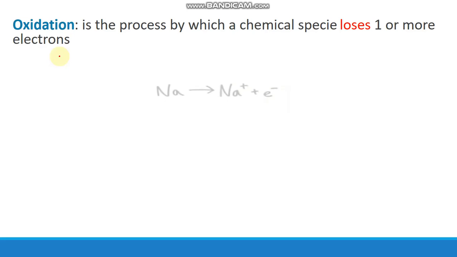For example, here Na is losing one electron to become Na+. So Na undergoes oxidation to become Na+. So it loses one electron. So the process of loss of electrons is called oxidation.